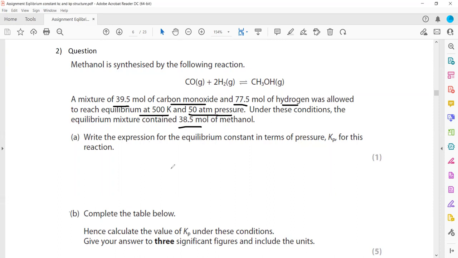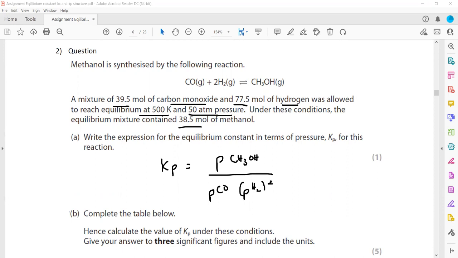So Kp is equal to the pressure of methanol divided by the pressure of carbon monoxide and the pressure of hydrogen, but that should be raised to the power 2. So this will be the expression.